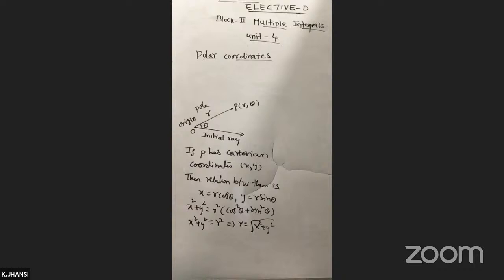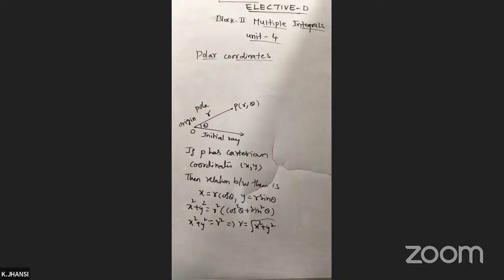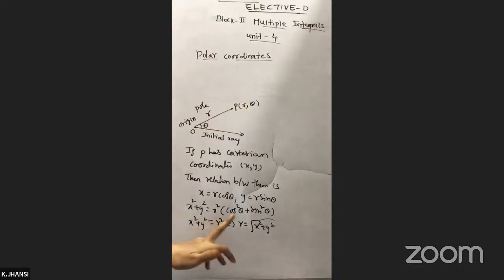So like this, with the help of polar coordinates P(r, theta), how will you get the r value and the theta value? The r value you will get from root of x square plus y square, and the theta value you will get from x by r: theta equals cos inverse of x by r, and theta equals sine inverse of y by r.